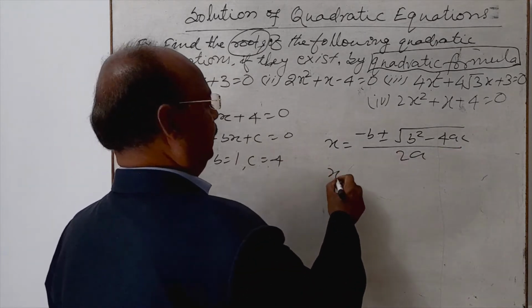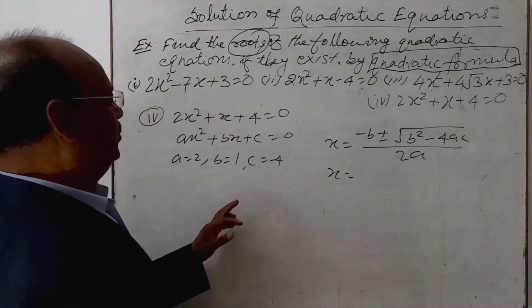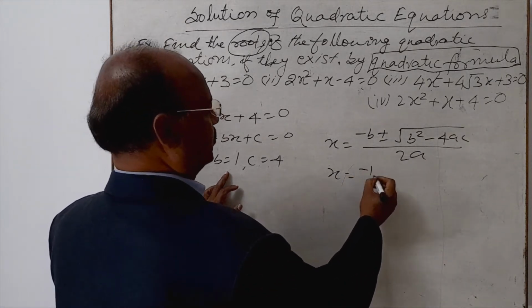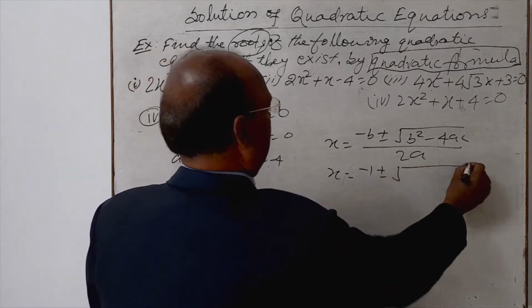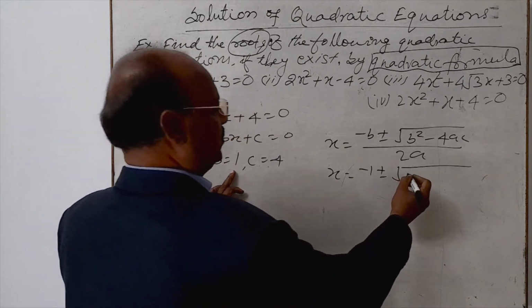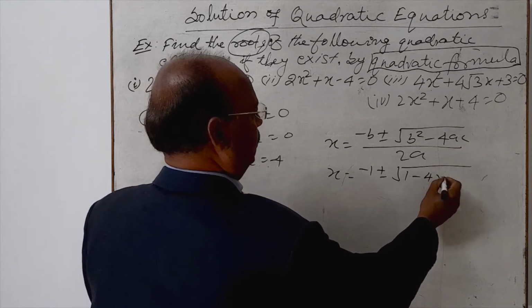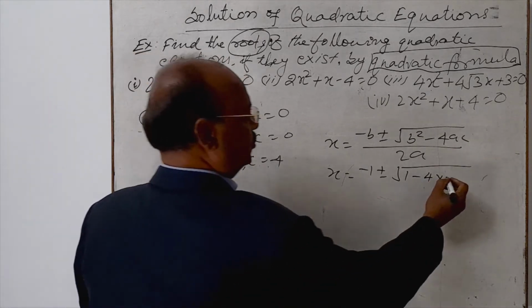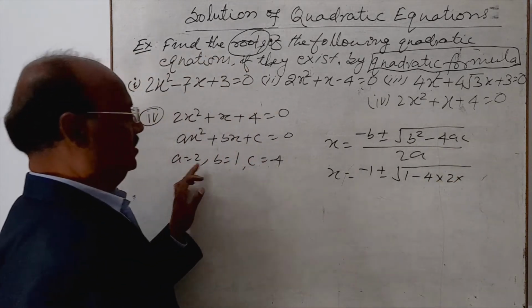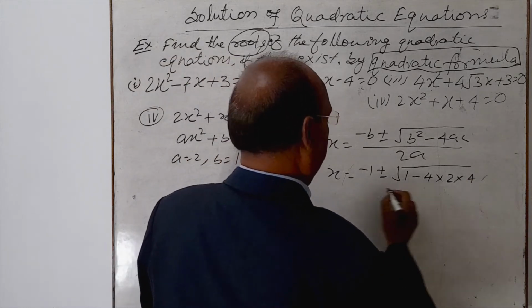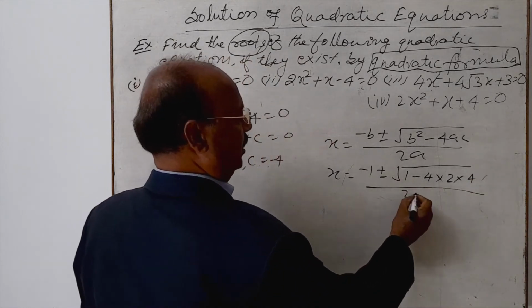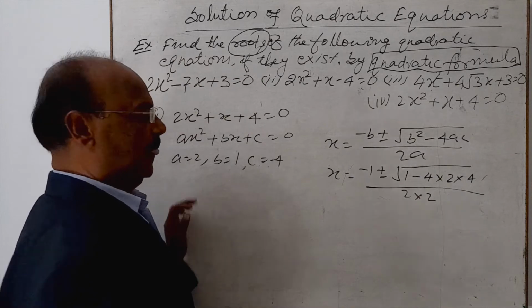x is equal to, put these values, minus b means minus 1 plus minus root over b square means 1 square, that is 1, minus 4 into a is 2 and c is 4 divided by 2a means 2 into 2. Correct?